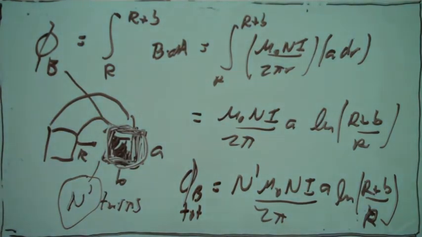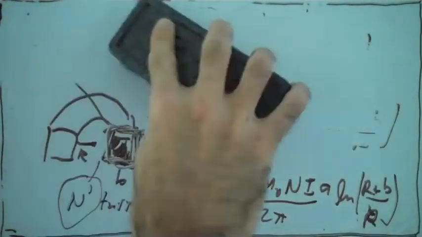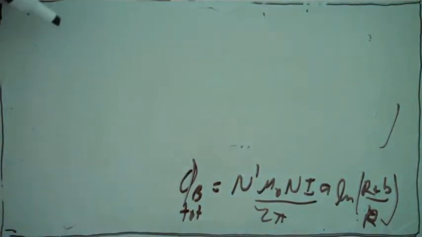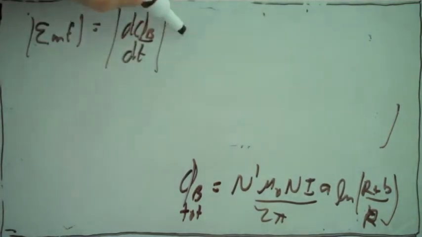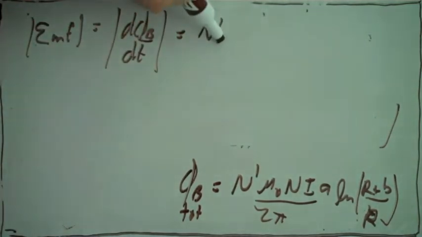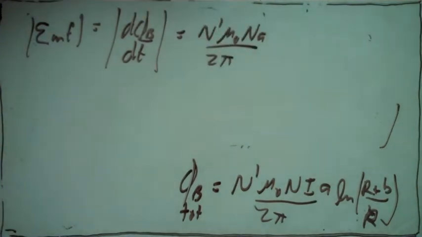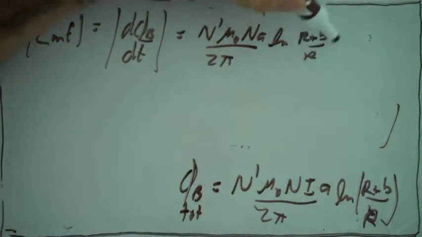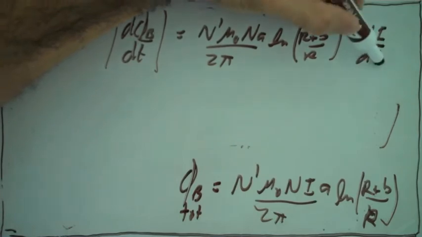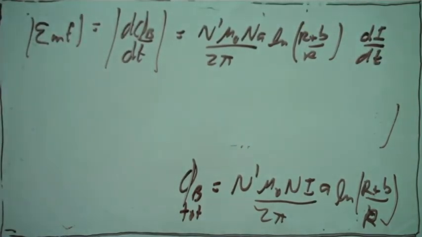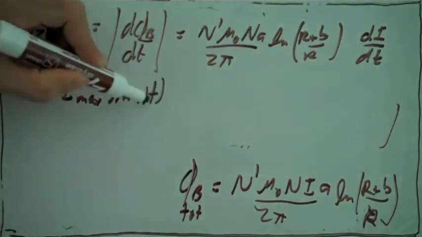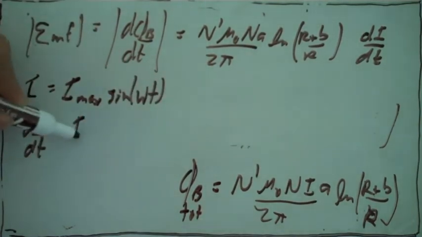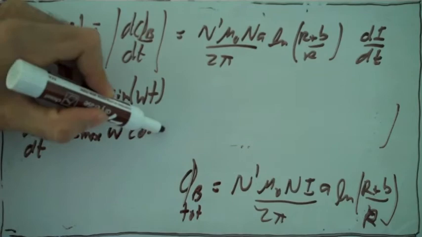Okay, so if we want to find the induced EMF in that wire that we wrapped around the toroid with n prime turns, then we take the derivative of the flux and we get the EMF. So we take the derivative of this. Everything is constant except the current, so we just take the derivative of the current with respect to time. And the current is given by this expression, so the derivative of that is this.